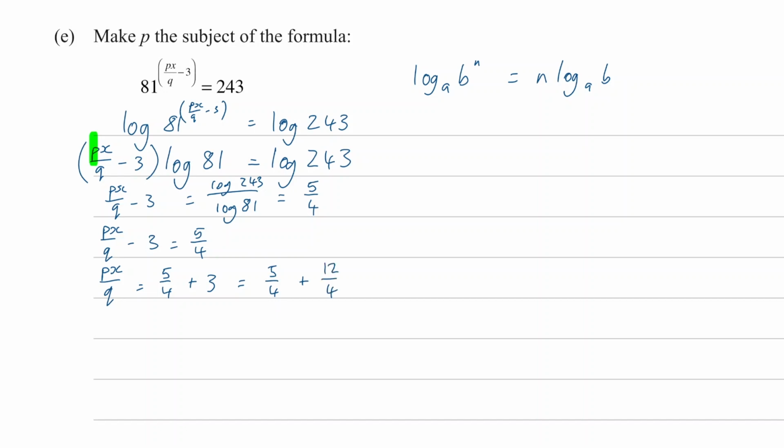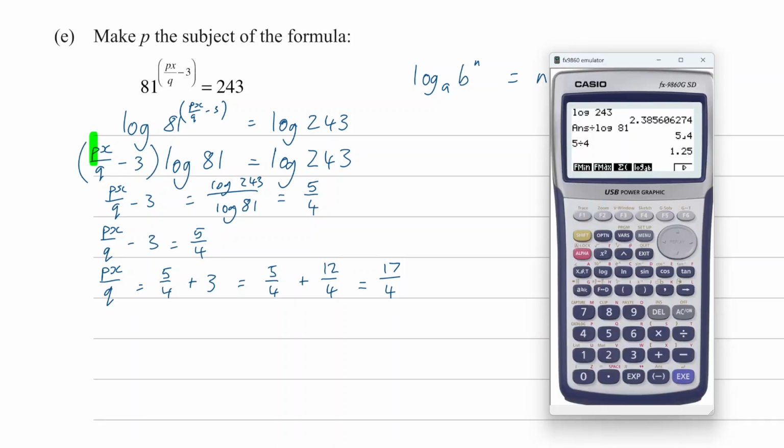Yep, 12 divided by 4 is 3, so we didn't change that. However, since it now has the same denominator, we can add the numerators, 17/4. And of course, we could have used our calculator, 5 divided by 4 plus 3, and then hit the fraction button above the 8 to get the same answer.